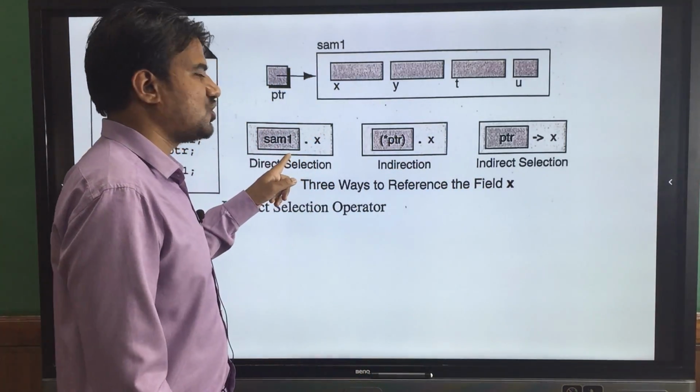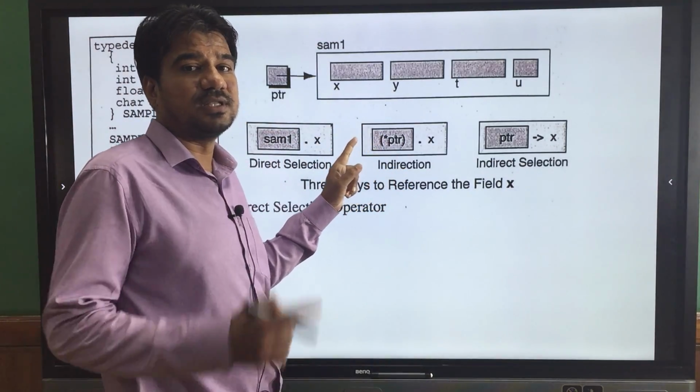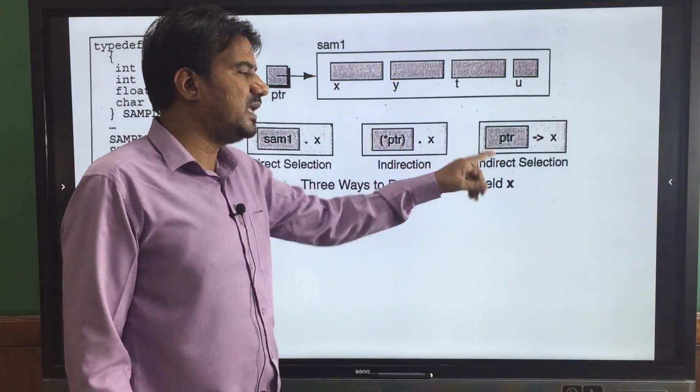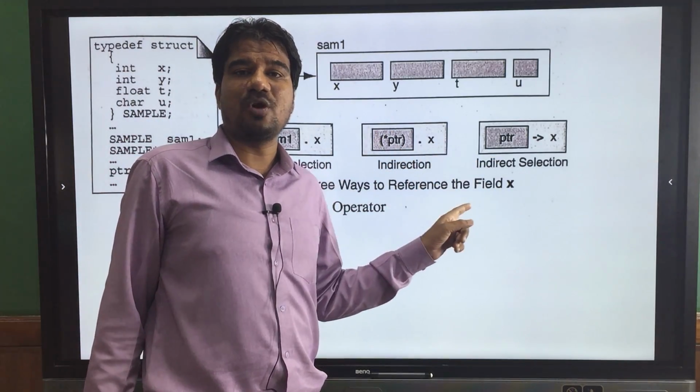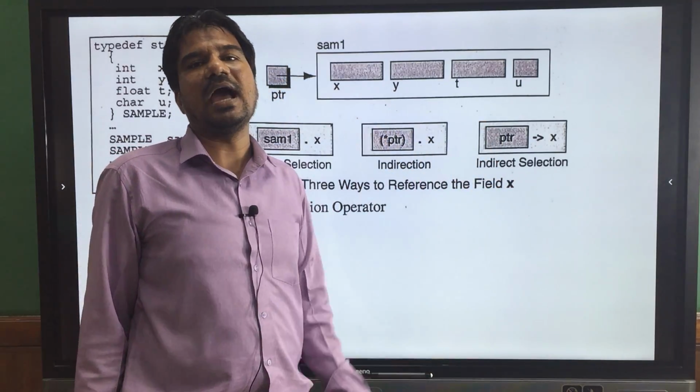Direct selection operator means the dot. Indirection operator means the asterisk, that star we are keeping over here. Then the indirect selection operator is nothing but the arrow.